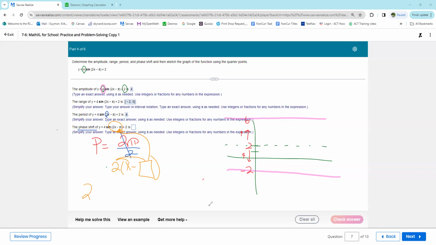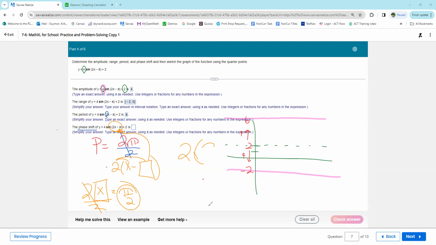So I'm saying 2 times something equals pi. If I'm trying to solve for this like it were a variable, I divide by 2, so it'd be pi over 2.